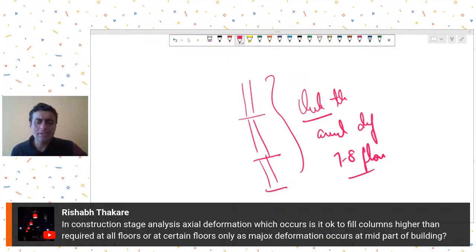So instead of casting at every level, what we do is we group or accumulate those different axial deformation values, and then we sum up those values for 7, 8, 10 floors, and then at every 10 floors, 12 floors we will do the extra casting. So instead of casting at every floor, we will do it this way. Okay.